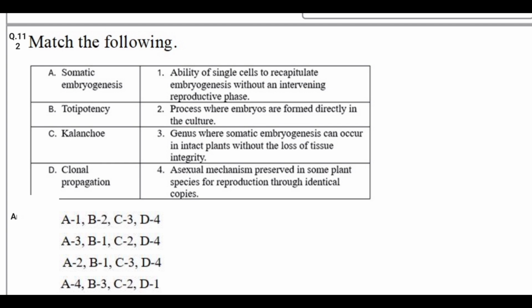Kalanchoe is related to the genus where somatic embryogenesis can occur in intact plants without the loss of tissue integrity. Clonal propagation is related to a sexual mechanism preserved in some plant species for reproduction through identical copies. For this, the correct answer is the third one.